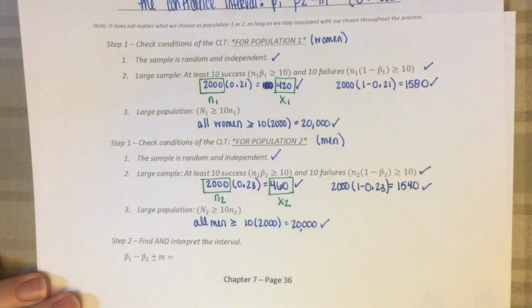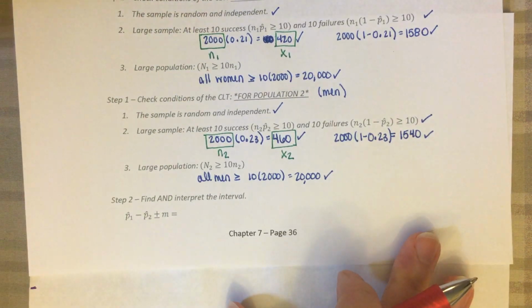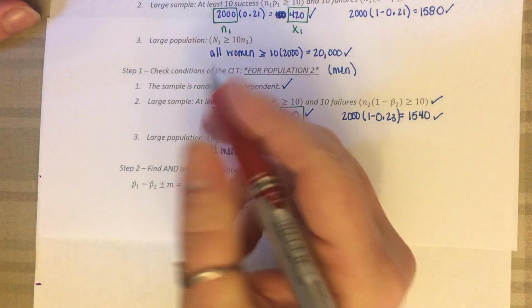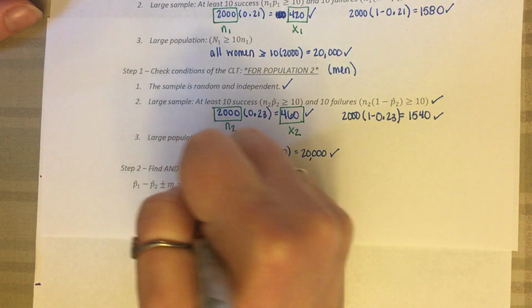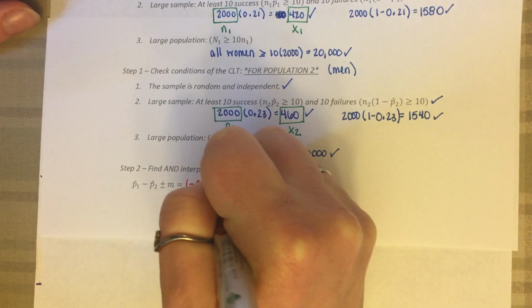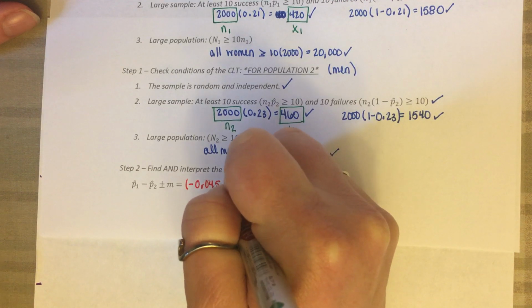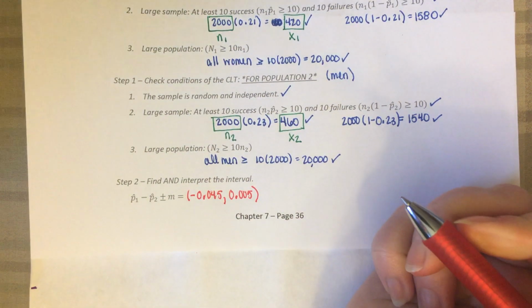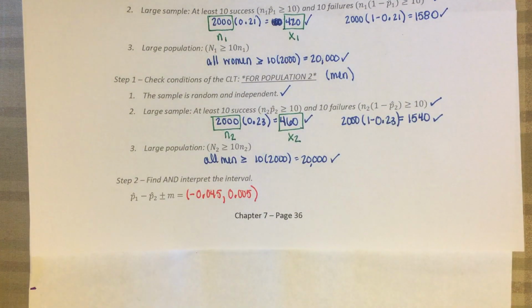And what we would get for our confidence interval is negative 0.045, comma, 0.005. So negative 0.045 to 0.005.